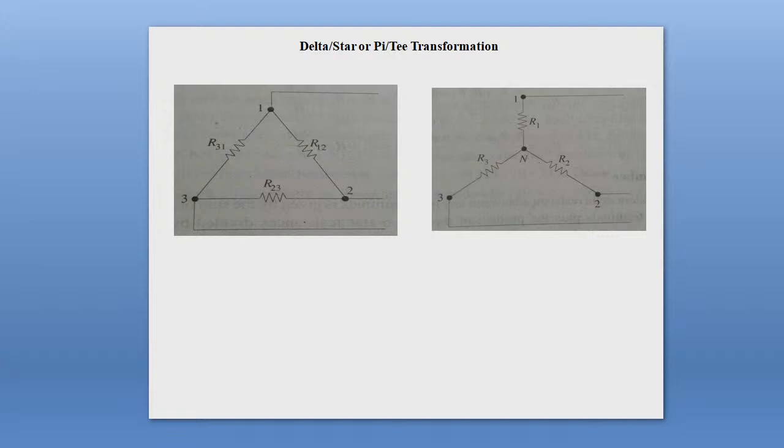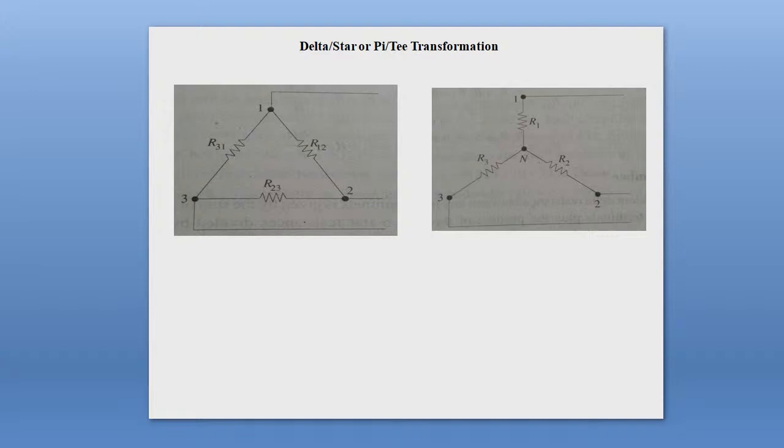Okay, you see the terminal resistance for terminals 1 and 2. If we consider 1 and 2, you see there are two parallel connections of resistance between 1 and 2.